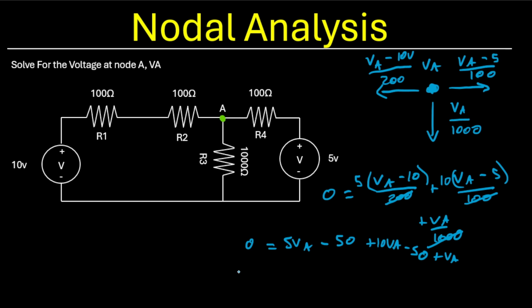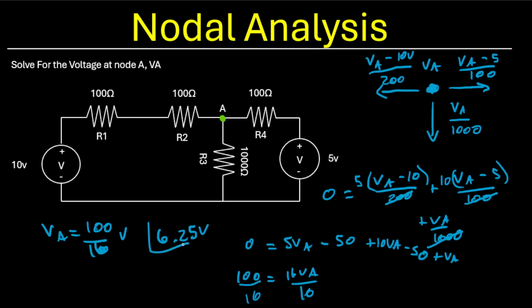We add 100 to both sides, we get 100 equals 5 VA plus 10 VA plus 1 VA gives us 16 VA. Divide both sides by 16. We get VA equals 100 over 16 volts, or approximately 6.25 volts.